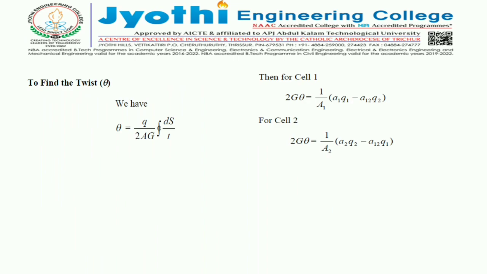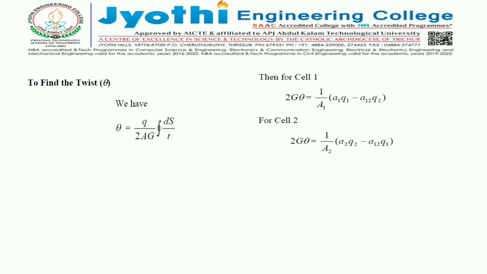In this equation, integral ds by t is simplified as a1 for cell 1 including the web, integral ds by t for cell 2 is represented as small letter a2, and integral ds by t for the web is represented as small letter a12.